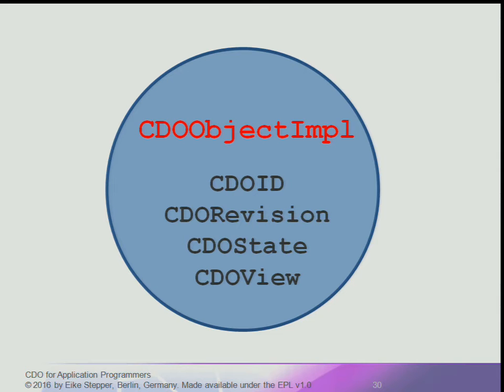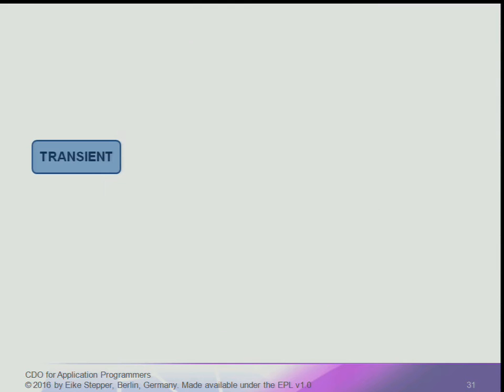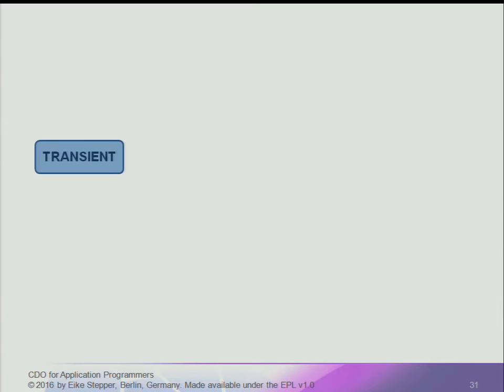So these native CDO objects have just 4 fields in Java. That is the technical ID, that is this revision pointer that we saw on the previous slides that can easily be switched between the different revisions. It has a pointer to the view that maintains this object, and a state. This state is important because all objects, when you create them, so you pull them out of an EMF factory, are in state transient.